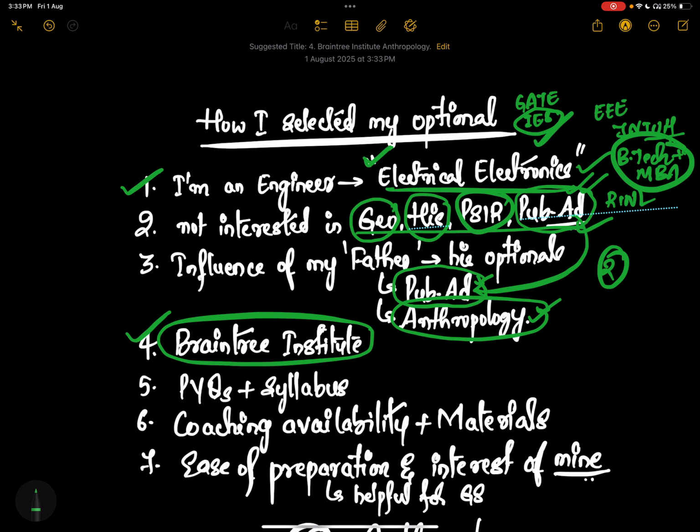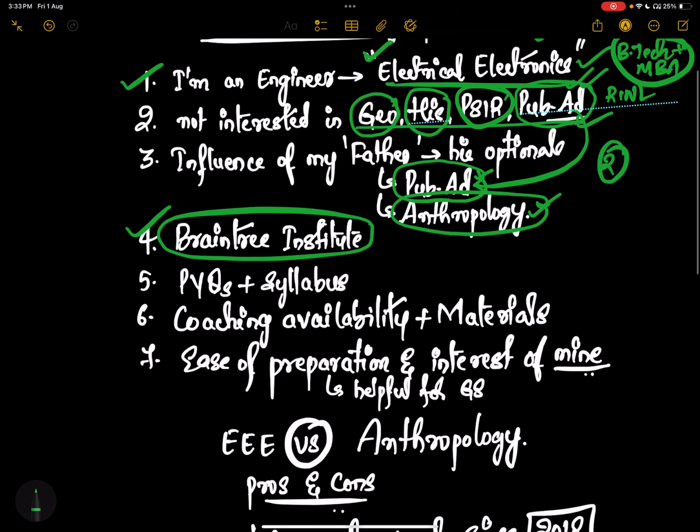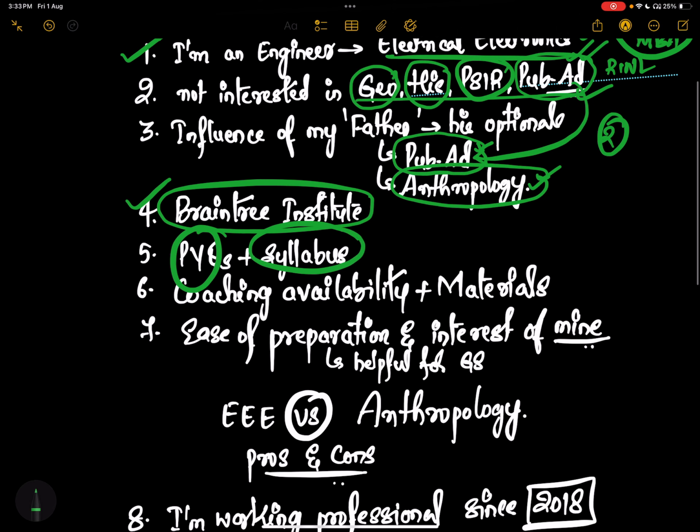Then I felt, let's ponder upon anthropology. Let's read about it. So I went through the PYQs and the syllabus. One thing I observed is that 70 to 80% of the questions coming from anthropology are static only, and in that also 60 to 70% of questions are from PYQs only.